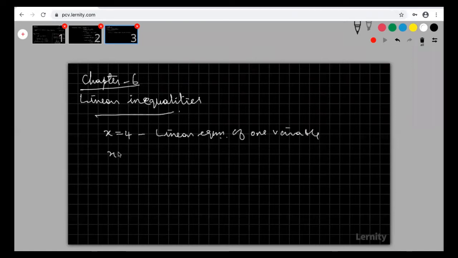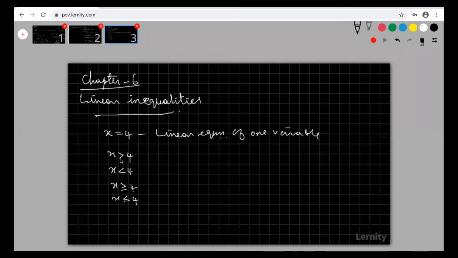Suppose I take x greater than 4, x less than 4, and x greater than or equal to 4, x less than or equal to 4. These are called inequalities. The first one is an equation, a linear equation of one variable because of the equality.